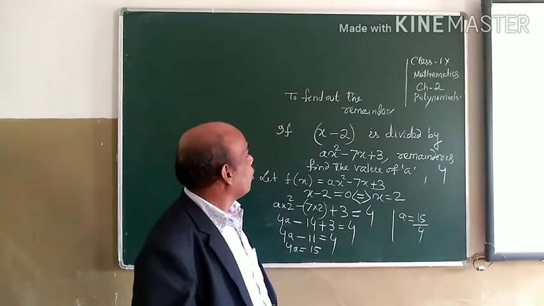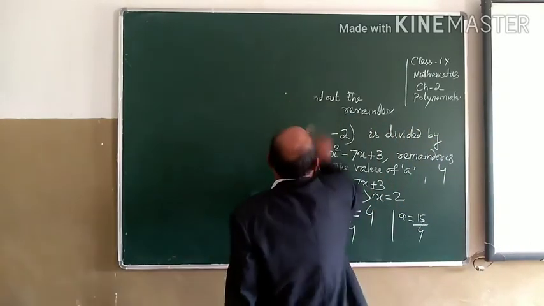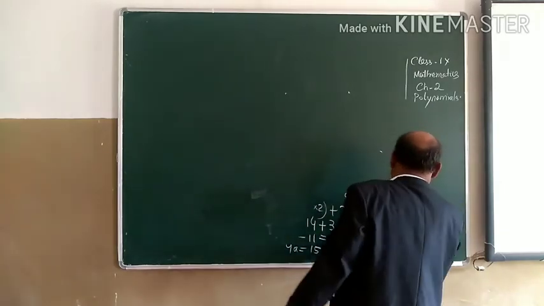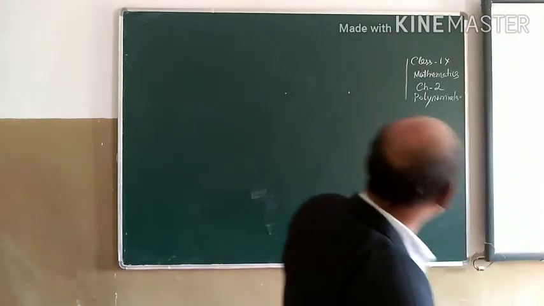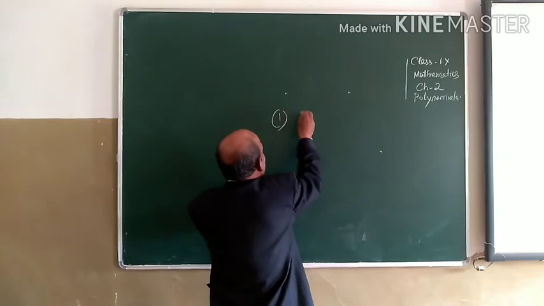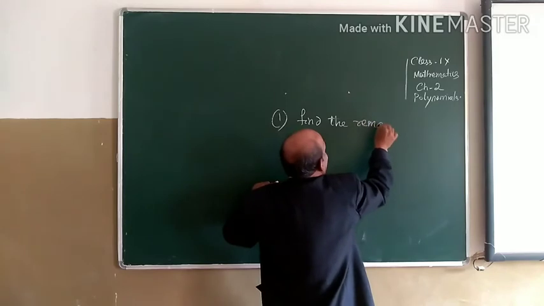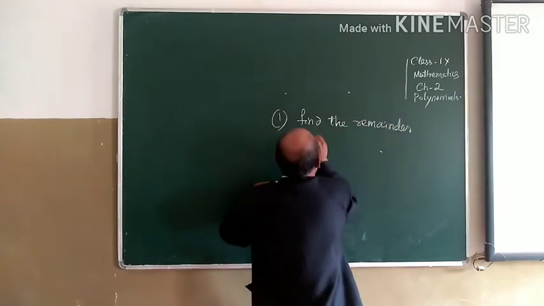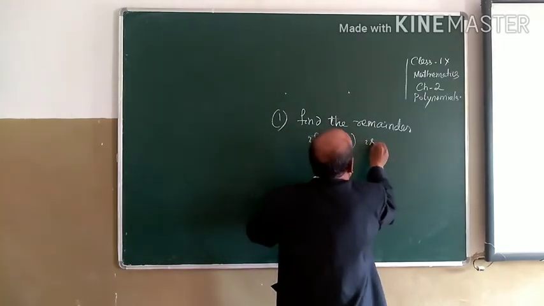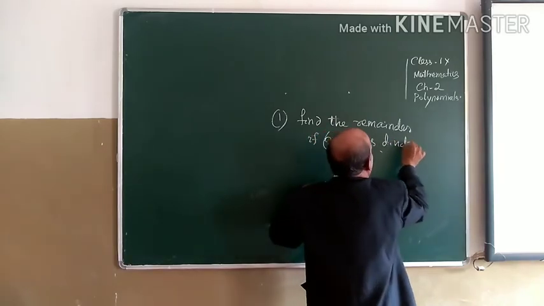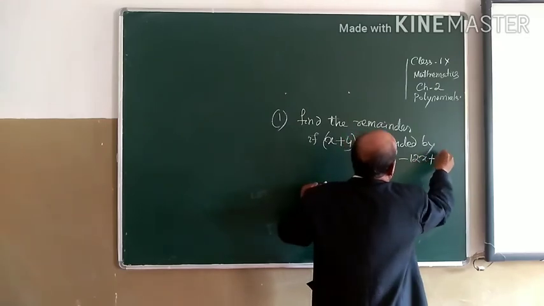Like that, I will give you 2 questions as home task. You have to work them out. Suppose this type of question I will give you. Question number 1: find the remainder if x plus 4 is divided by x square minus 12x plus 10.